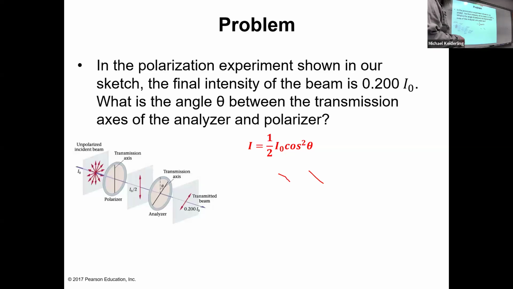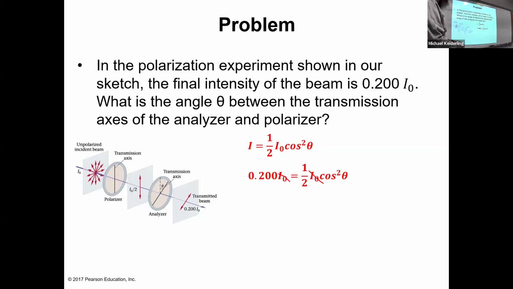So the final intensity coming out is 1/2 the initial intensity times the cosine of the angle squared. Because again, the first polarizer is cutting it in half, and then the second polarizer takes that 1/2 intensity and multiplies by the cosine of the angle squared.